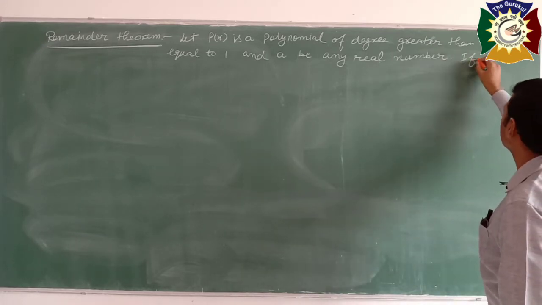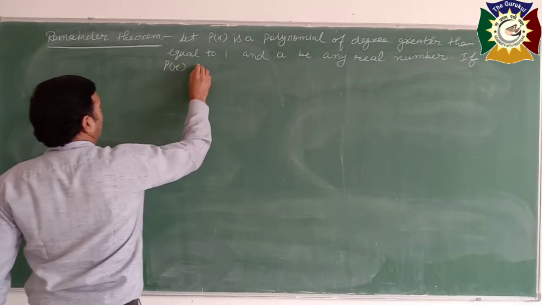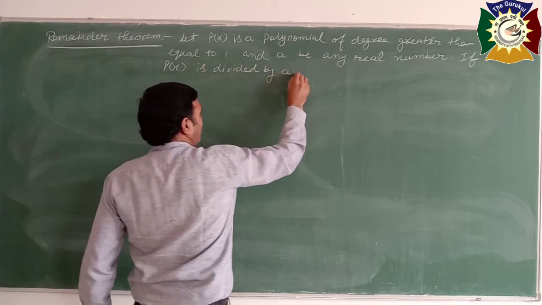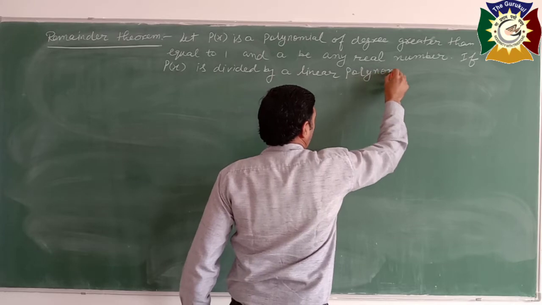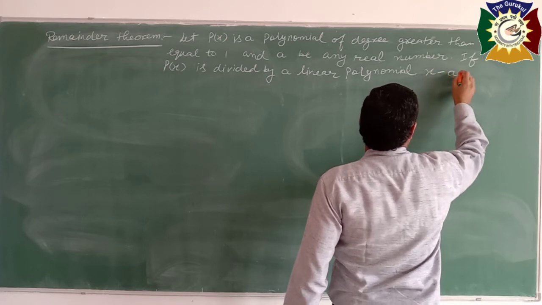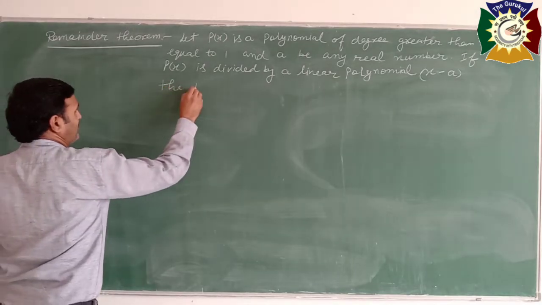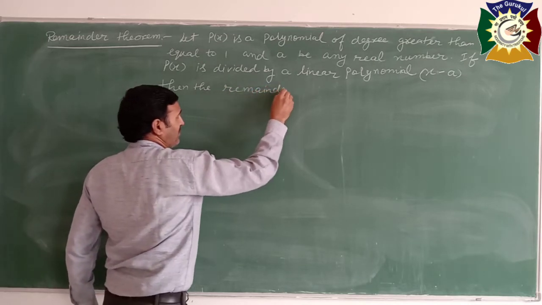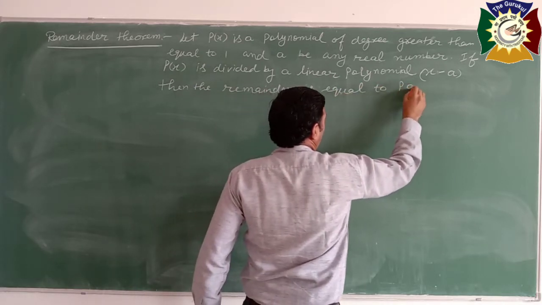If p of x is divided by a linear polynomial x minus a, then the remainder is equal to p of a.